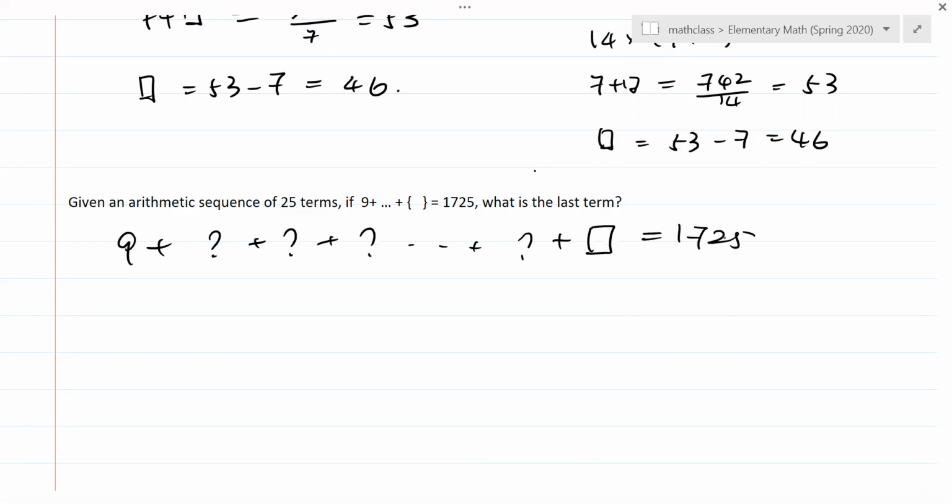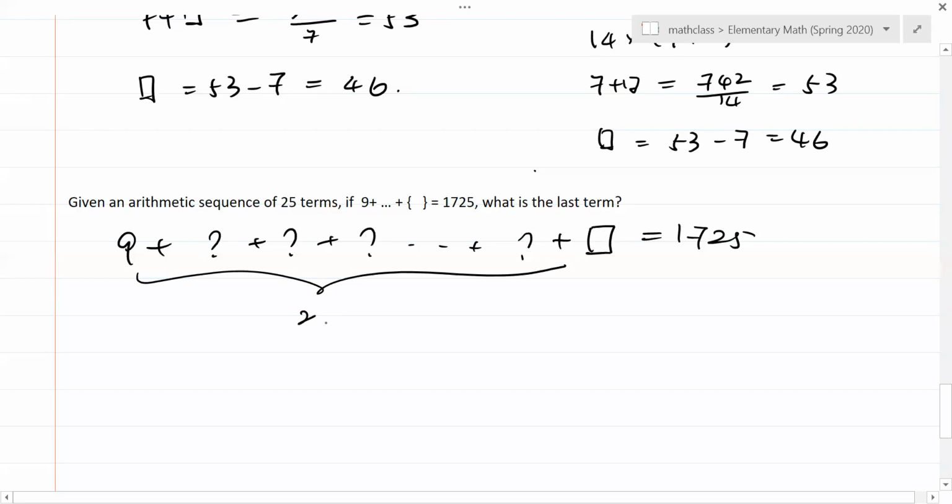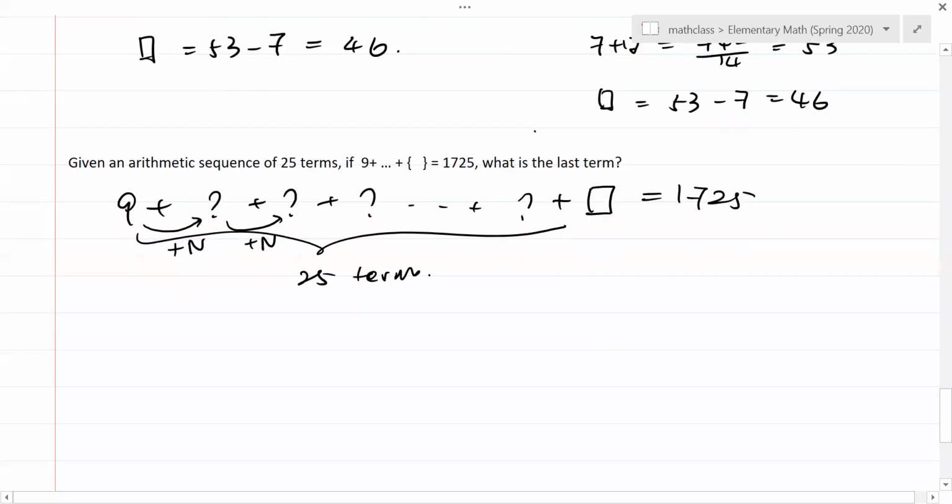Okay, and how many terms here? We have 25 terms. And I also want to know what is the n, every time you add the n, right? So what is n? So we have two questions here. So let's find out the last one.